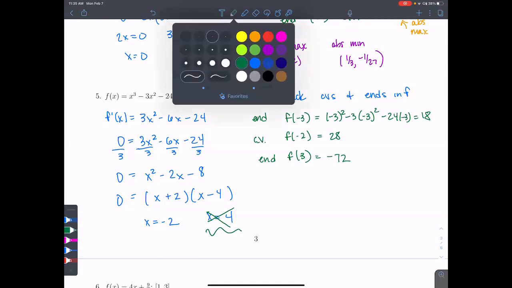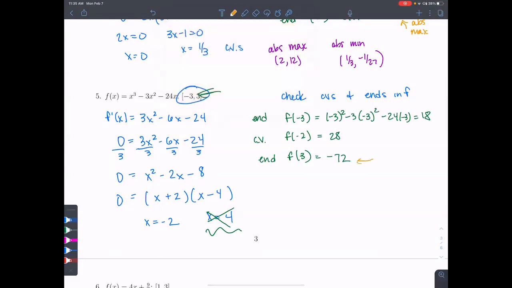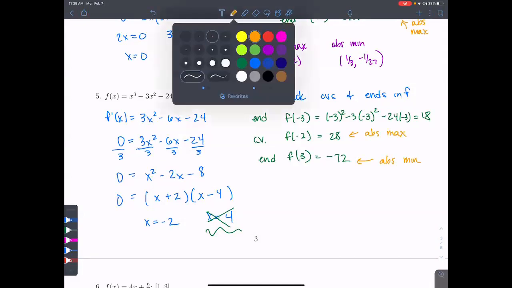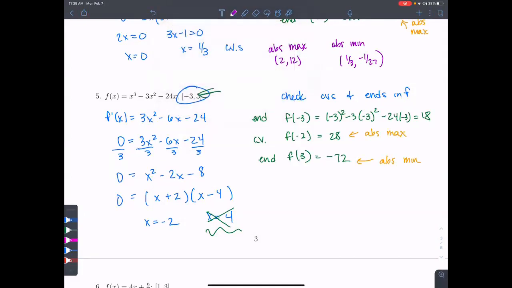So this negative 72 is the absolute min, and 28 is the absolute max. Y'all check those to make sure that those numbers make sense, but that's what I have worked out. So we have an absolute max at negative 2, 28, and an absolute min at 3, negative 72.